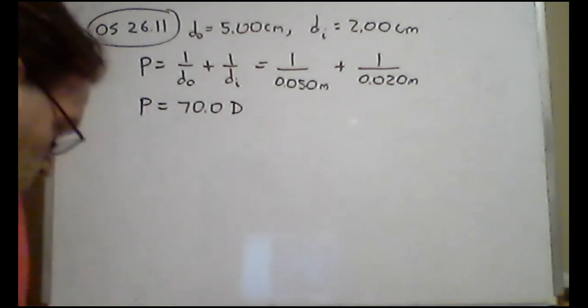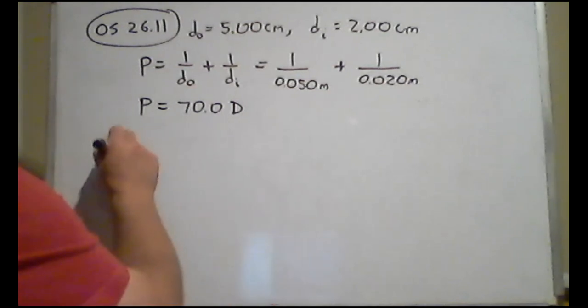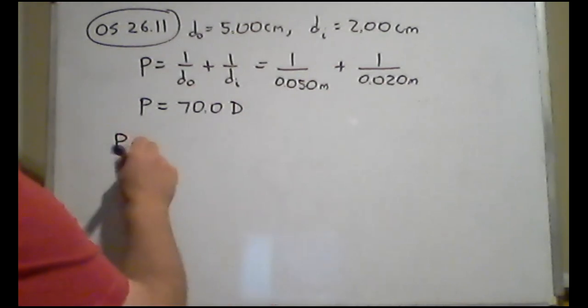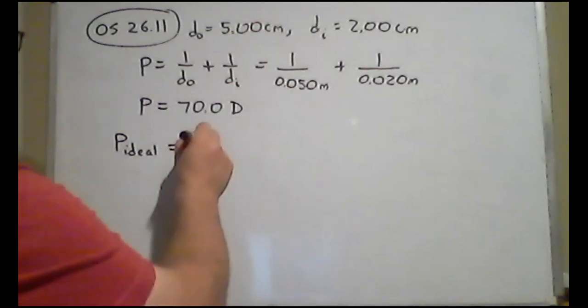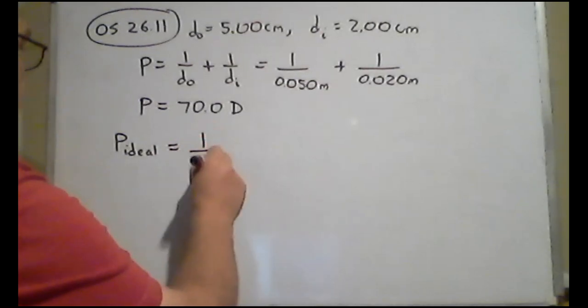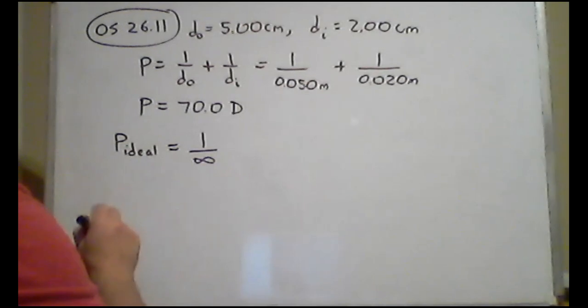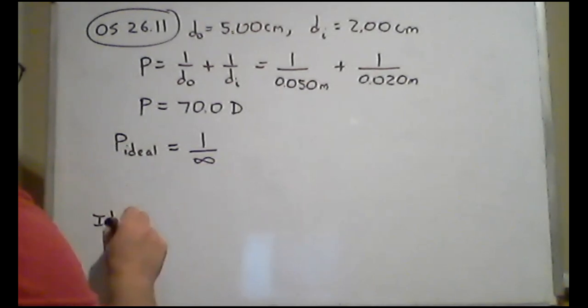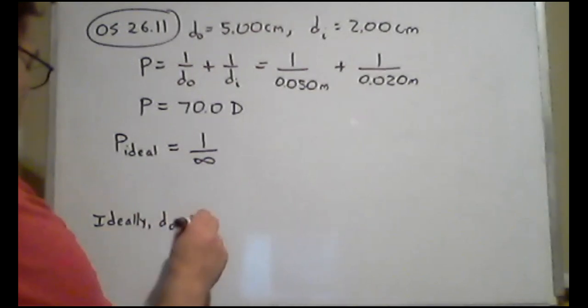Now, what's ideal though? Well, P ideal, what's ideal? Well, ideal means that D sub O should be infinity. An ideal eye, so ideally, I could take D sub O to infinity.